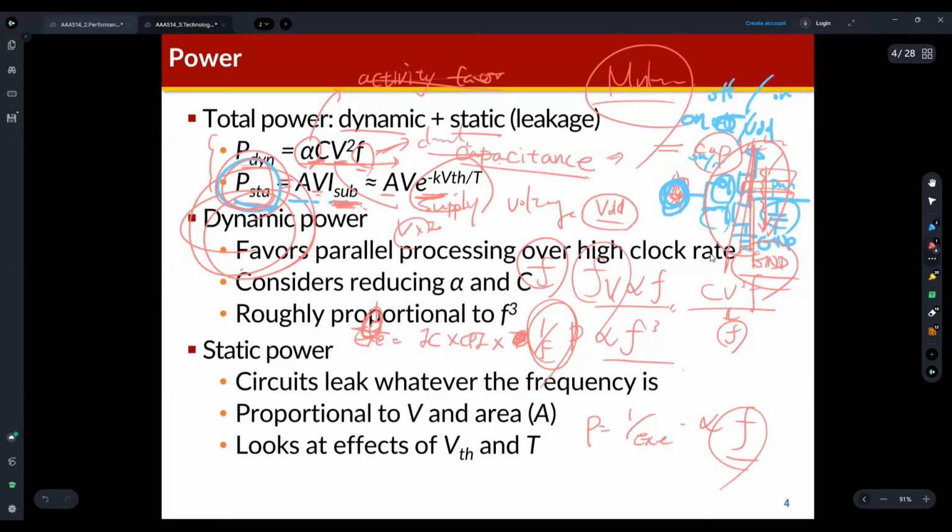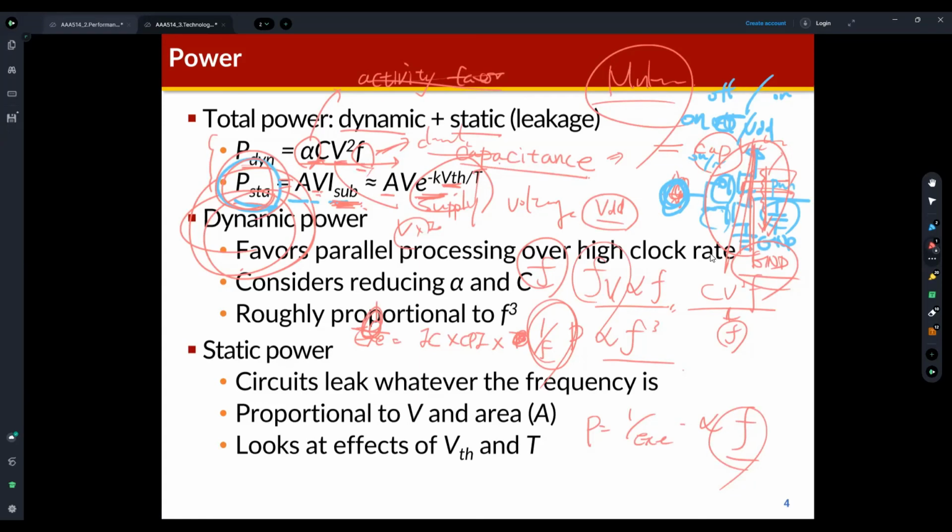If we rewrite the substrate current, we can say it is e to the power of minus K times the threshold voltage divided by temperature. But traditionally, the fraction of this static power was very low, so we just focused on the dynamic power of a processor.